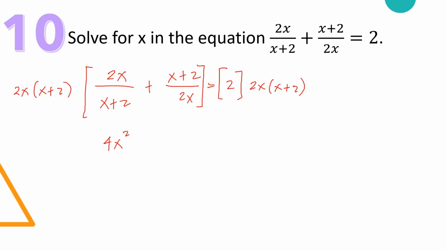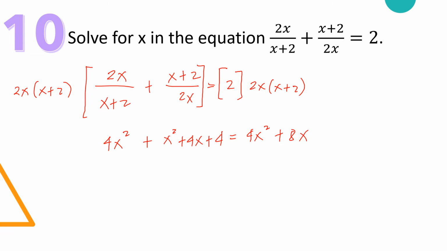In the second term, 2x cancels, so we have x plus 2 squared, that is x squared plus 4x plus 4. In the right side of the equation, we have 4x squared, that's 2 times 2x times x, plus 8x, that is 2 times 2x times 2.